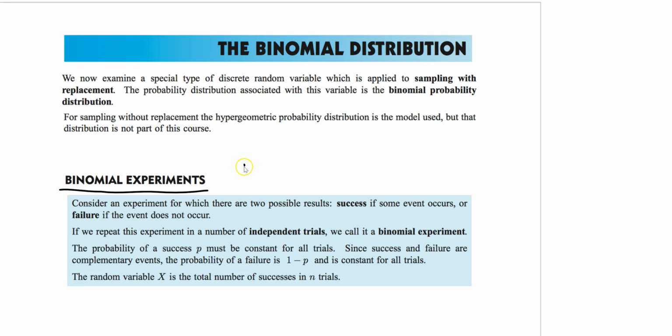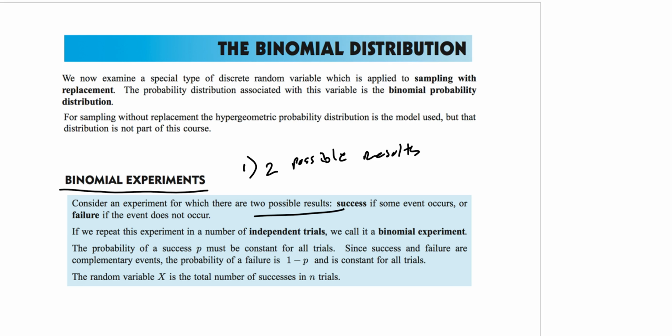First, you should have two possible results. It's like pass or fail. You flip a coin, heads or tails. Even if you grab, let's say, red, blue, and green marbles in a bag, and my question is how many red marbles you get, like 0 red marbles, 2 red marbles, 3 red marbles, that's still binomial.